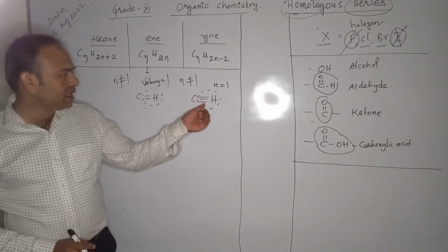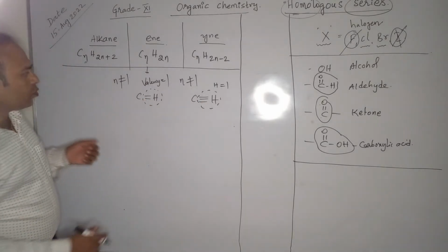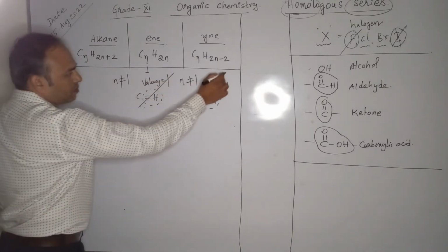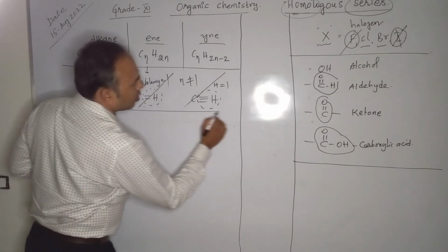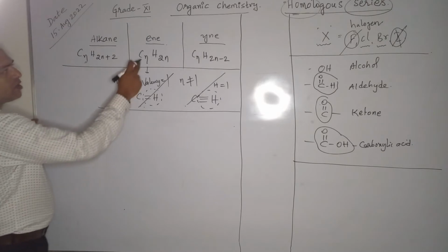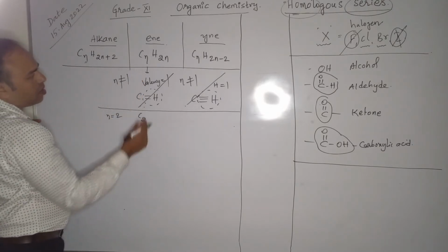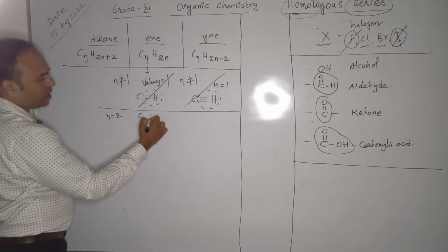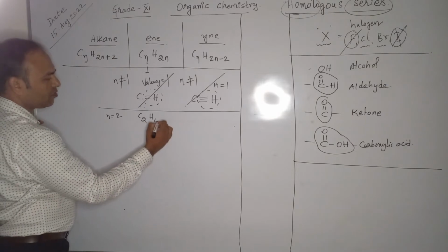Here it shows 3 and here it shows 2, which is never possible. Therefore, the n value will now start from 2. Substitute and get the formula for this: C2H 2 into 2, that is 4.